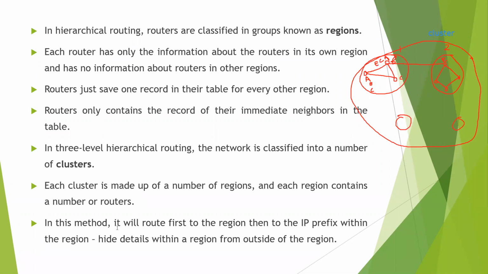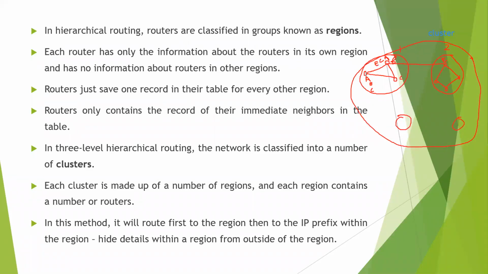In this method, it will route first to the region, then to the IP prefix within the region. First it will go to that region, then it will search for the destination router.